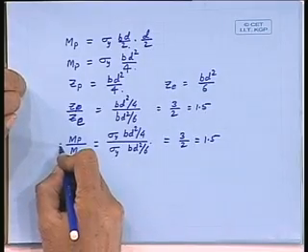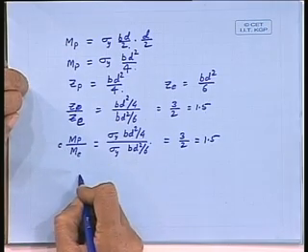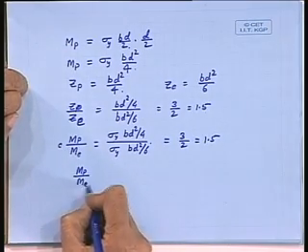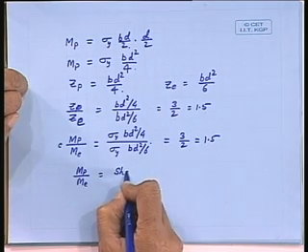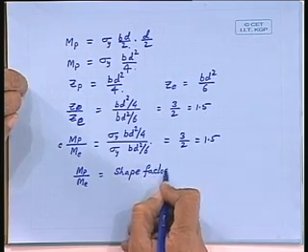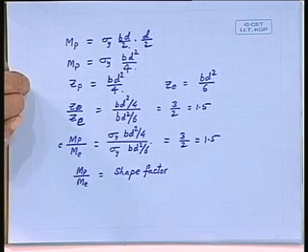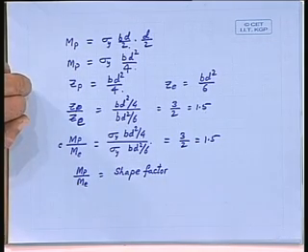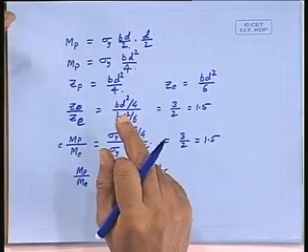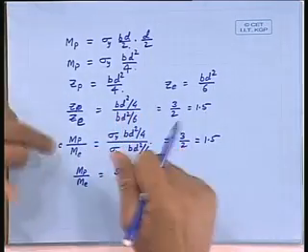Okay. This is known as the shape factor, because the entire thing is based on the shape here. It was rectangular, so we got it like that.